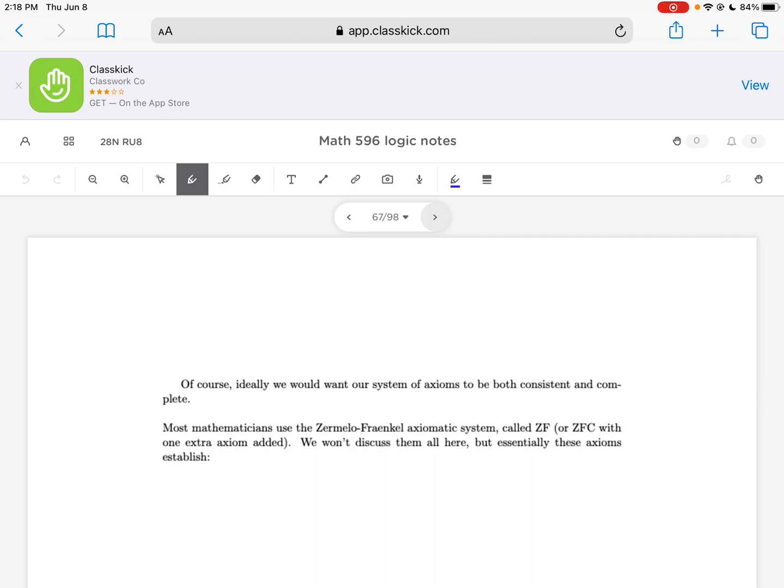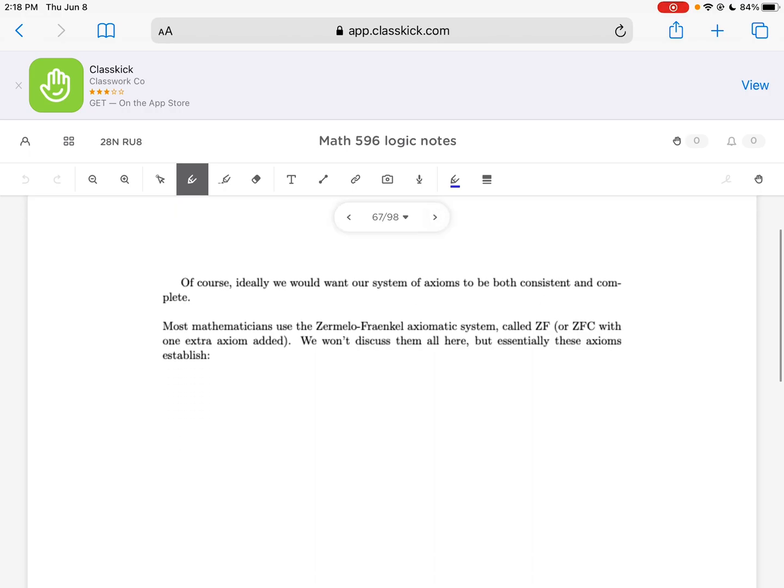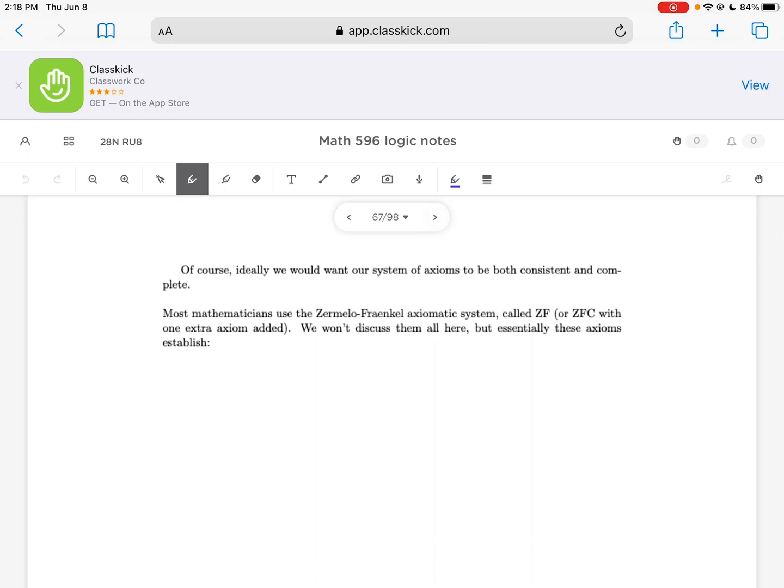Sometimes it's called ZFC if you add one extra axiom, which we'll discuss a little bit later. We're not going to discuss all of these axioms very carefully because they're super technical, but the idea is that this set of axioms establishes a number of things that we all agree to be reasonable, that these things are probably true. So the ZF axiomatic system establishes what it means for sets to be equal.